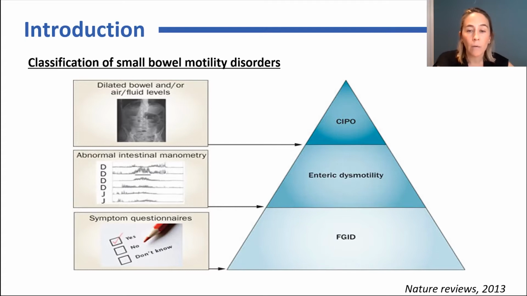In the middle are the most difficult to diagnose patients. These patients are called enteric dysmotility patients, and in them, we need specific tests, motility tests, to diagnose them because they don't have the abnormal radiology that pseudo-obstruction have, but they are much more severe than the functional GI disorders.